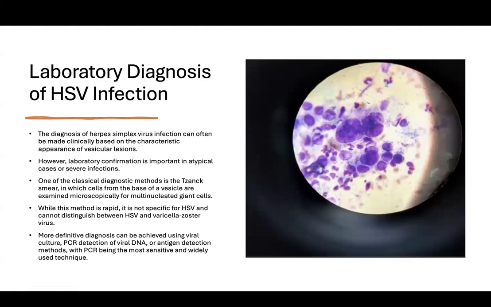Herpes viruses love to do this. But of course, this doesn't tell you if this is herpes simplex 1, herpes simplex 2, or this could also be the zoster virus. Varicella zoster virus, which I'm going to talk about in a bit, can also cause this. So it's not a definitive kind of test.